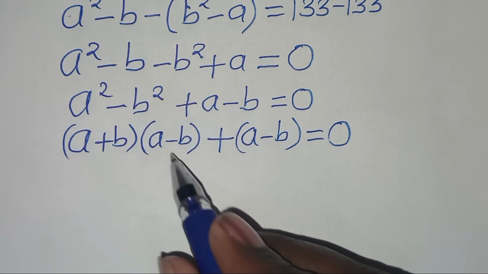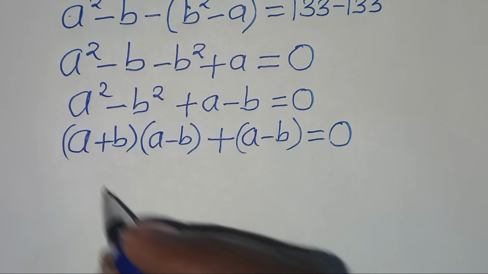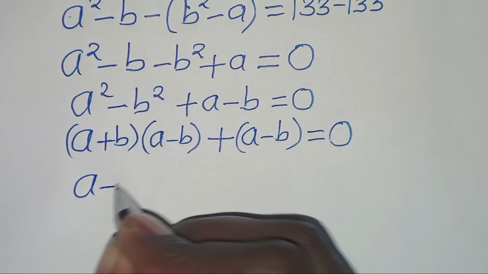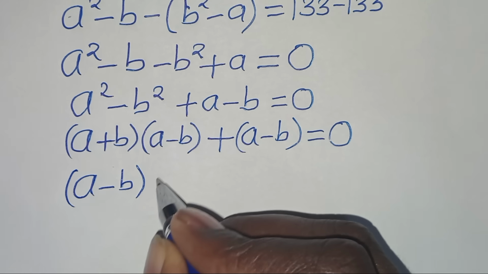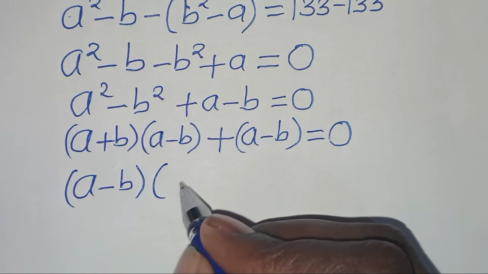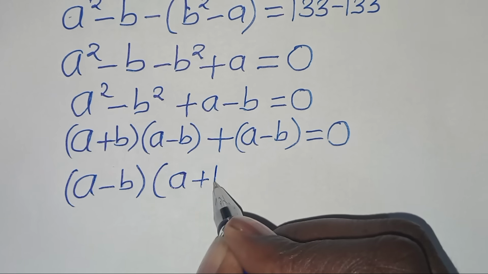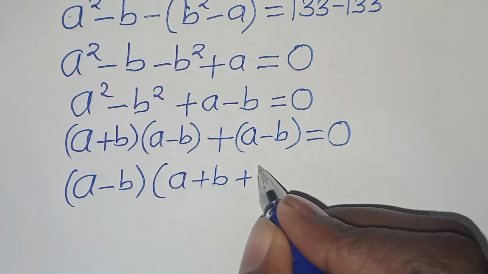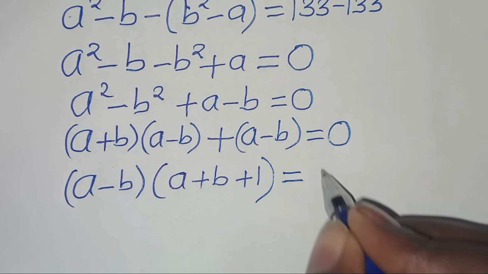So we have that a subtract b is common here. Let's factor out a minus b. Into the parentheses, we have a plus b, then plus 1. This is equal to 0.